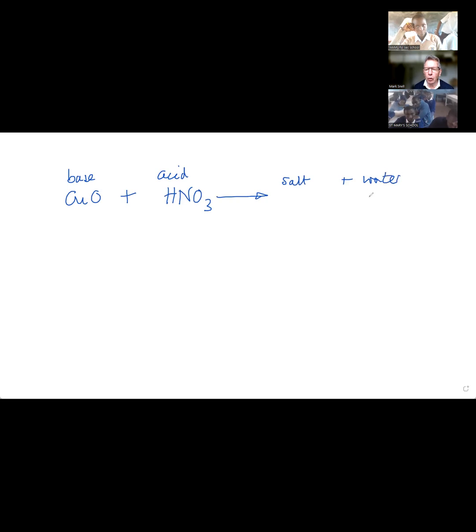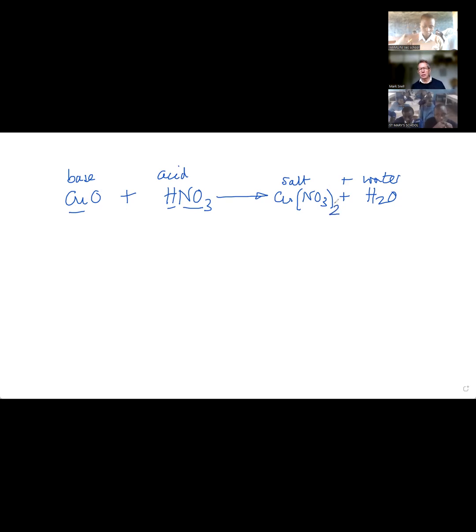So we know that water will be there. And the salt will be the copper with the nitrate. So it will be copper and nitrate, but it's not 1-to-1. Copper always has a valency of 2 under normal circumstances, and nitrate, because it's 1-to-1 with hydrogen, has a valency of 1.